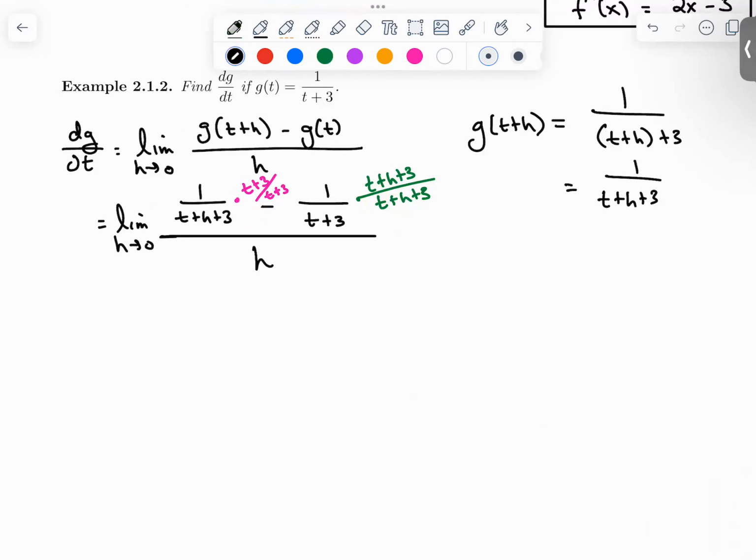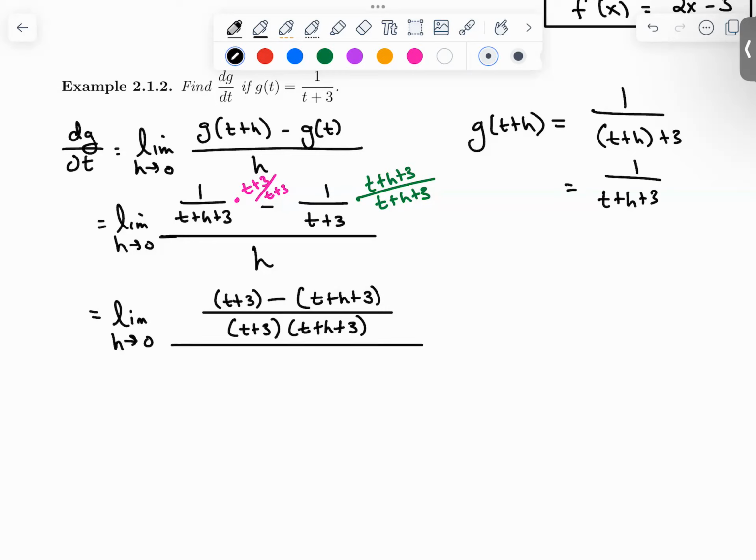And that allows us to get to this: the limit as h approaches 0 of t plus 3 minus, in parentheses, t plus h plus 3, all over t plus 3 times t plus h plus 3, all divided by h. Though if you want to make this into a singular fraction and put that h in the denominator of the big numerator, you can do that. If you wanted to skip that step, that's fine.